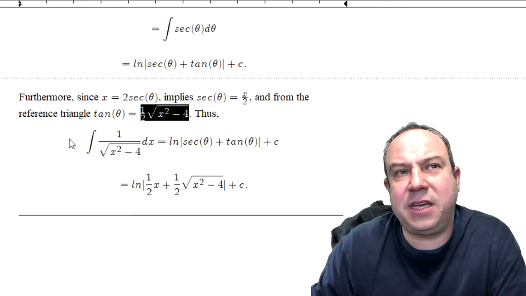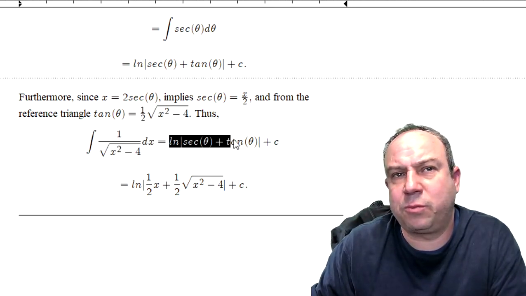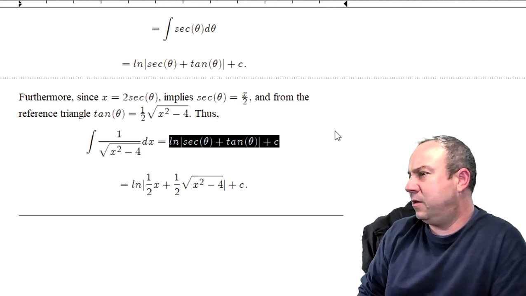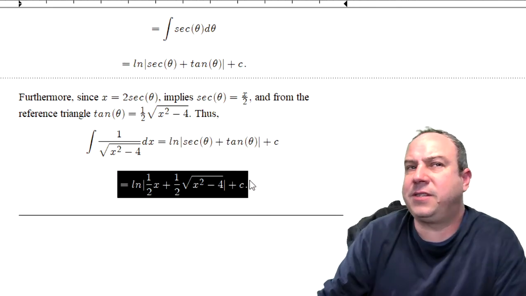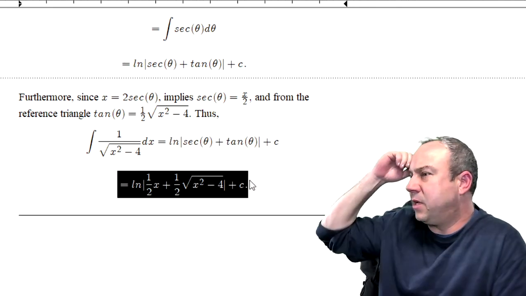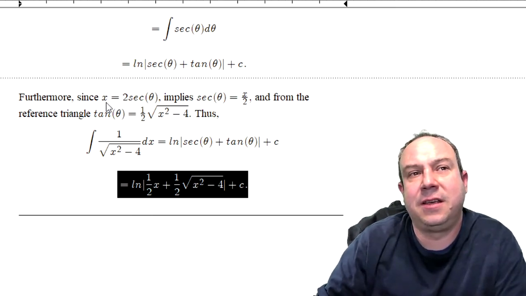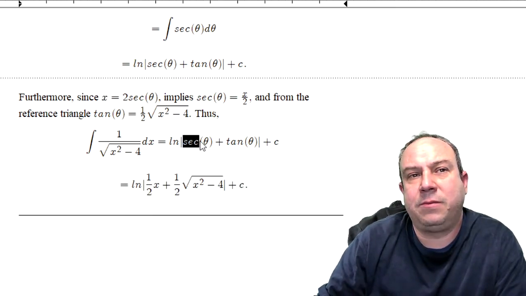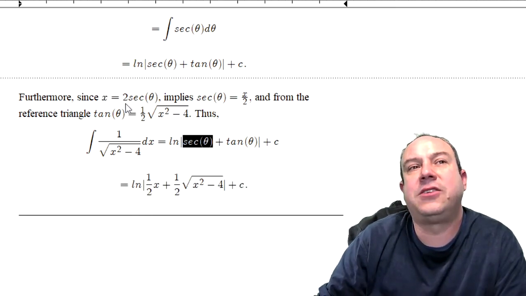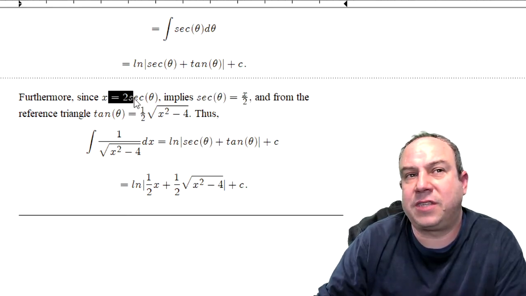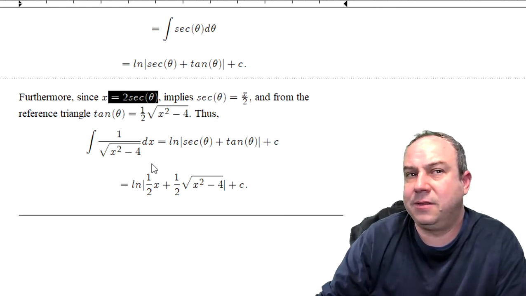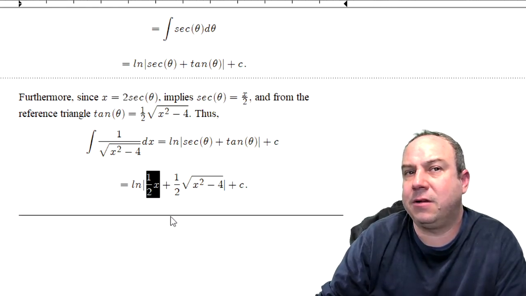And thus, the integral that we were interested in, which presents itself in this format in the trigonometric substitution, will return to this statement using the above substitutions. Secant of theta will become x over 2 since x equals 2 secant theta. We see that here.